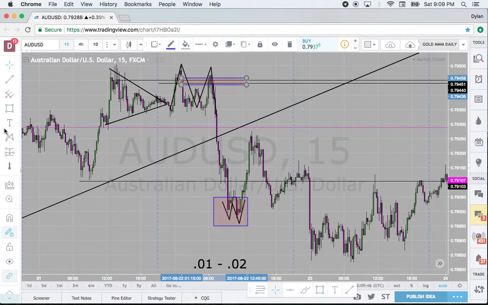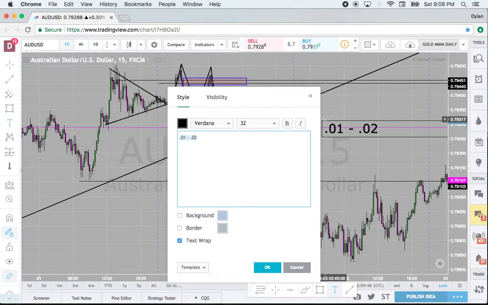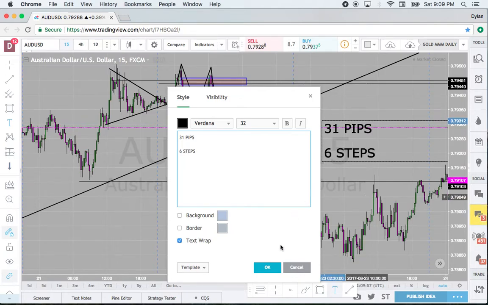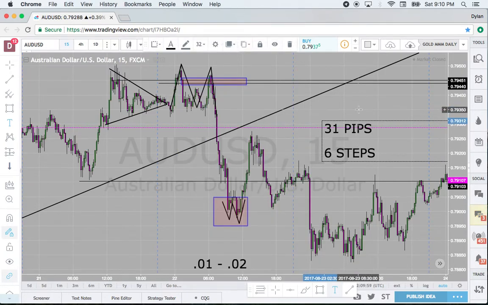Now what the expert advisor is trying to do is every 31 pips. The expert advisor will place this sell position automatically with a 90 pip stop loss at a 1.1% risk of your entire balance.